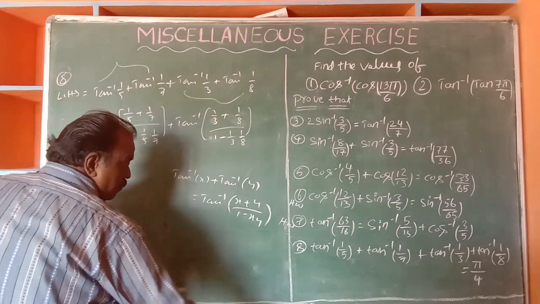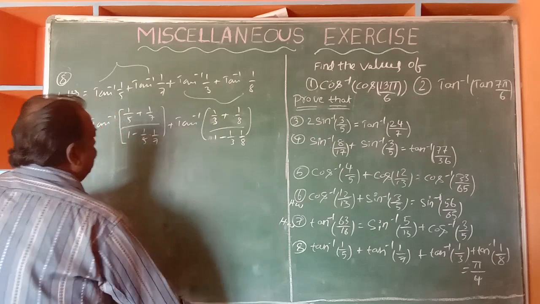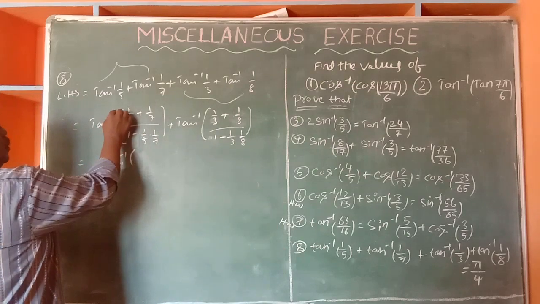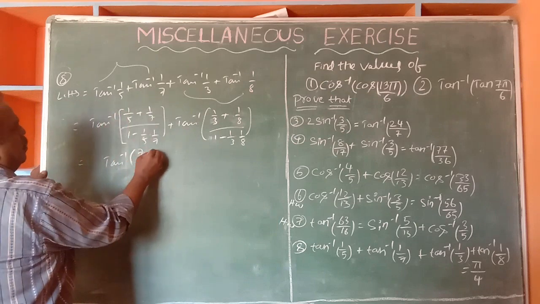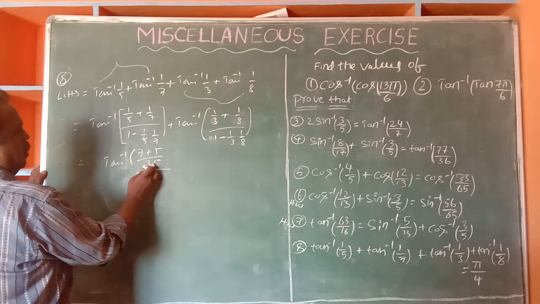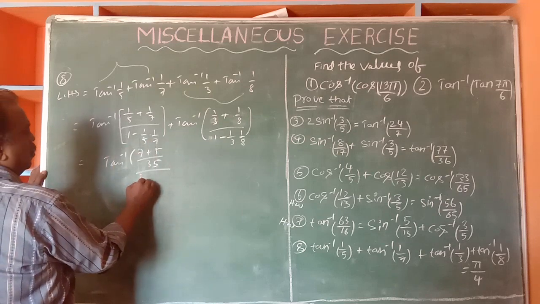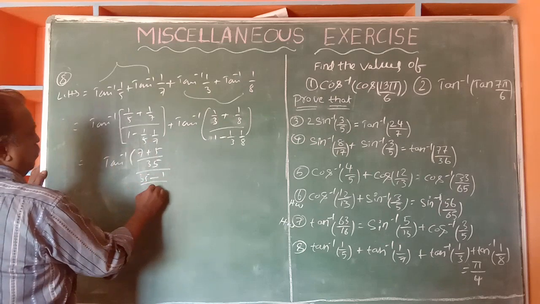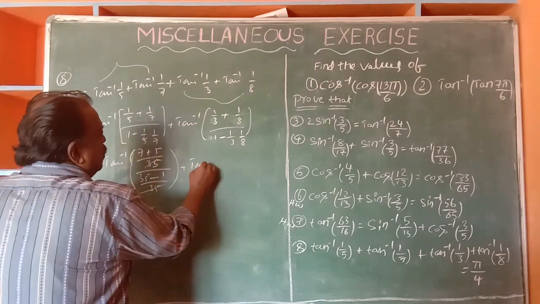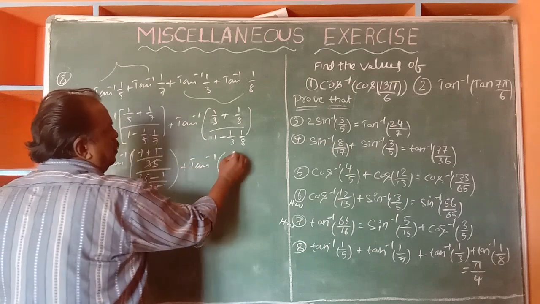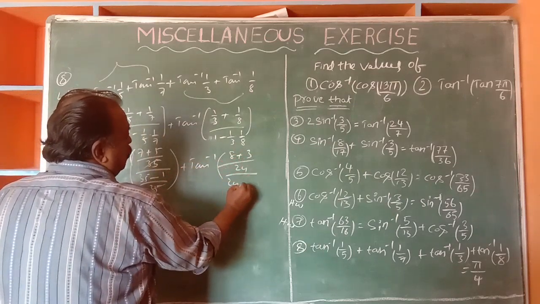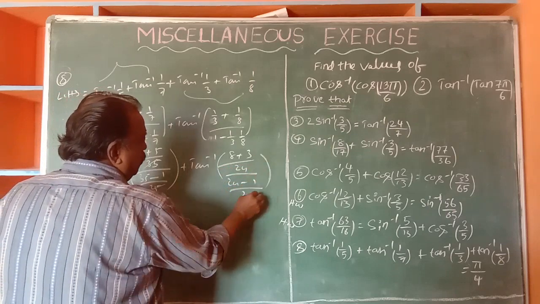See, by using that formula, we get tan inverse of 7 plus 5 by 35 by, here also, 35 minus 1 by 35. So 35 cancels. Here also tan inverse of 8 plus 3 by 24 by 24 minus 1 by 24.